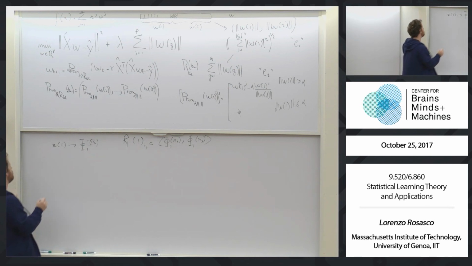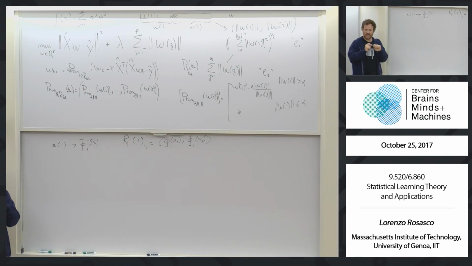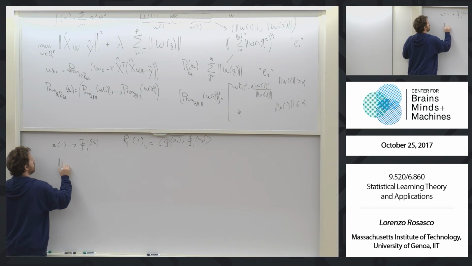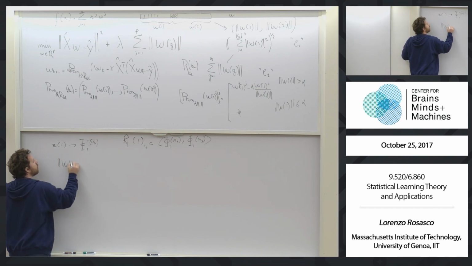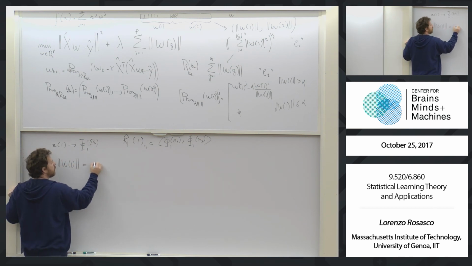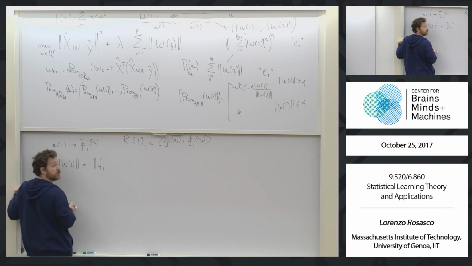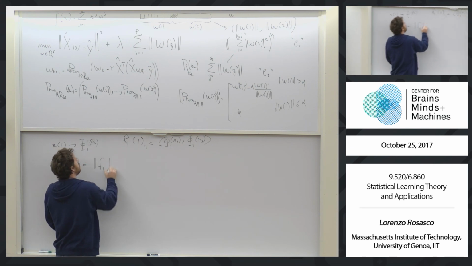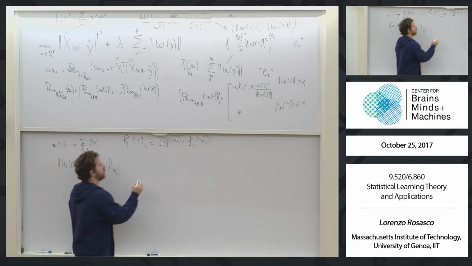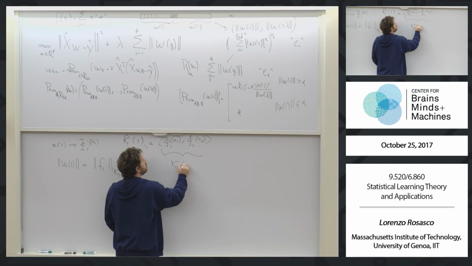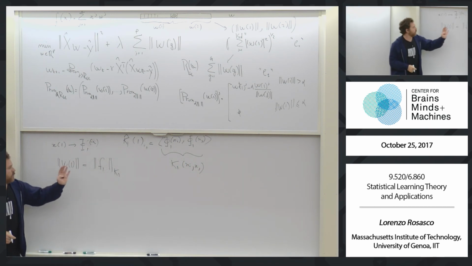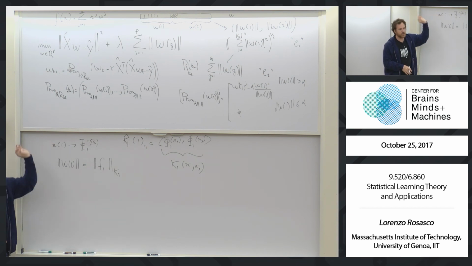We're going to assume we're in this nice case where all these spaces don't overlap and the feature map is one-to-one, so that whenever you see something like this, it's actually equal to the norm of a certain function in a reproducing kernel Hilbert space given by the kernel K1, which is just this one here. That's it. We basically have to just do a bunch of changes of notation.